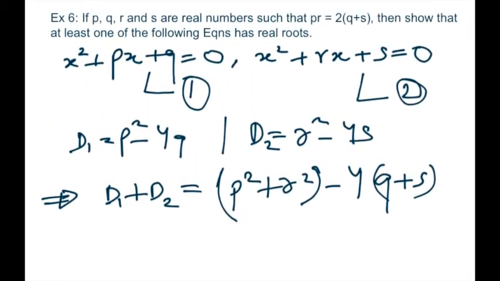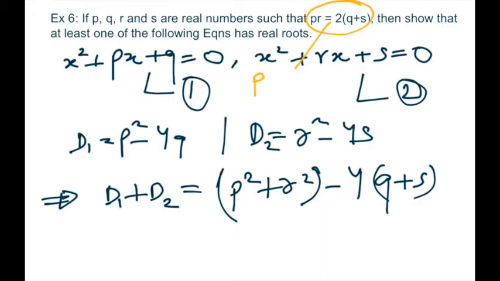And from here we can say that q plus s equals to pr by 2, right? So replace q plus s by pr by 2 here.